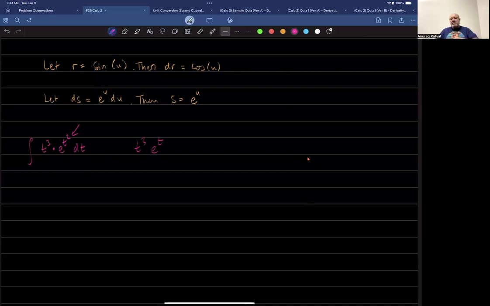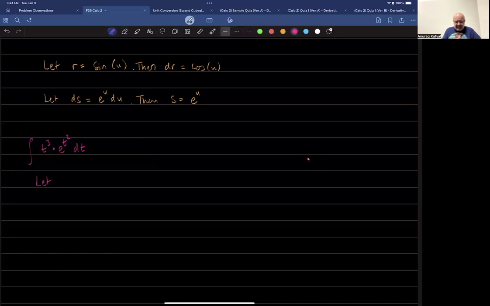So that's my hint. If I want to do parts or use the tabular method on this problem, then I need to convert it to maybe e to the u. And we do that with u substitution. So, let's use a different variable so I can save u and dv for parts.